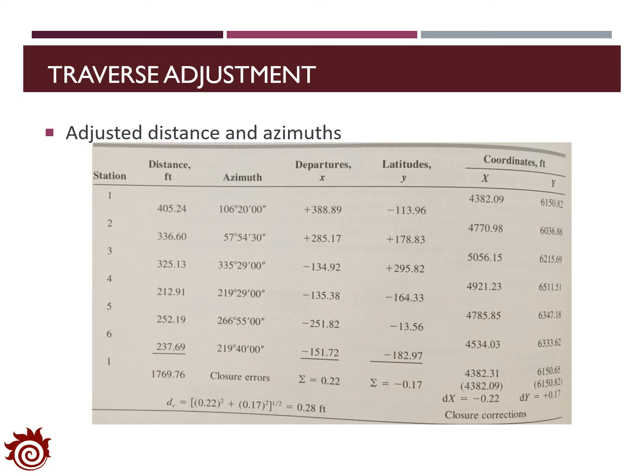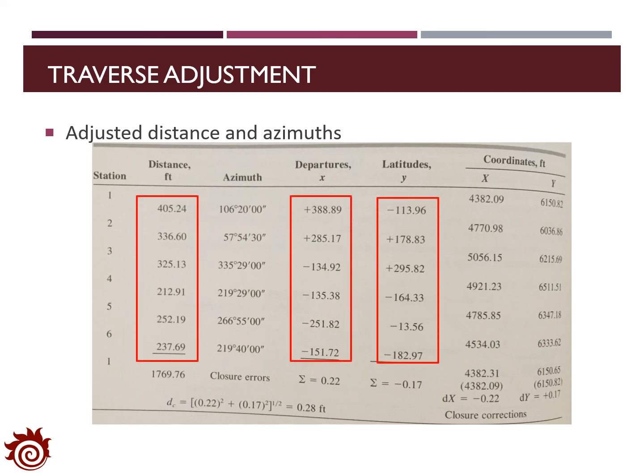The table here shows the results from the observation and the traverse computation. We have the distance and the departure and the latitude calculated. Also, we find out the total closure error in x and the y coordinates and the total closure error.